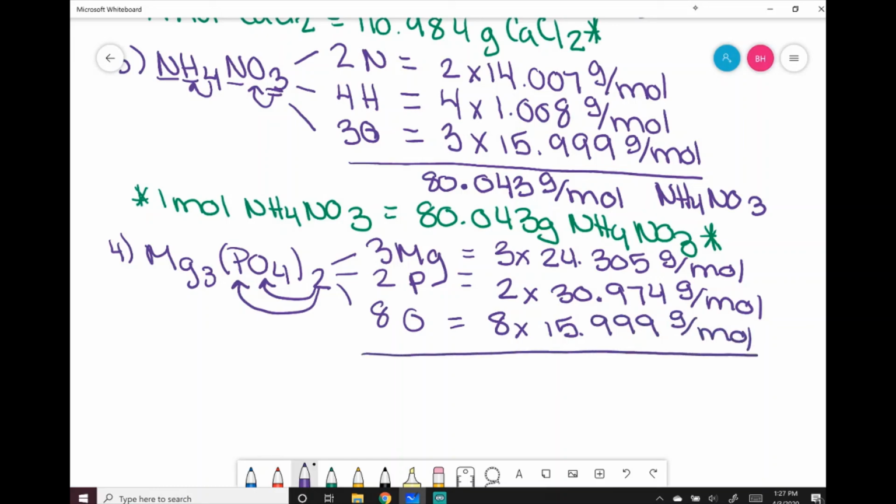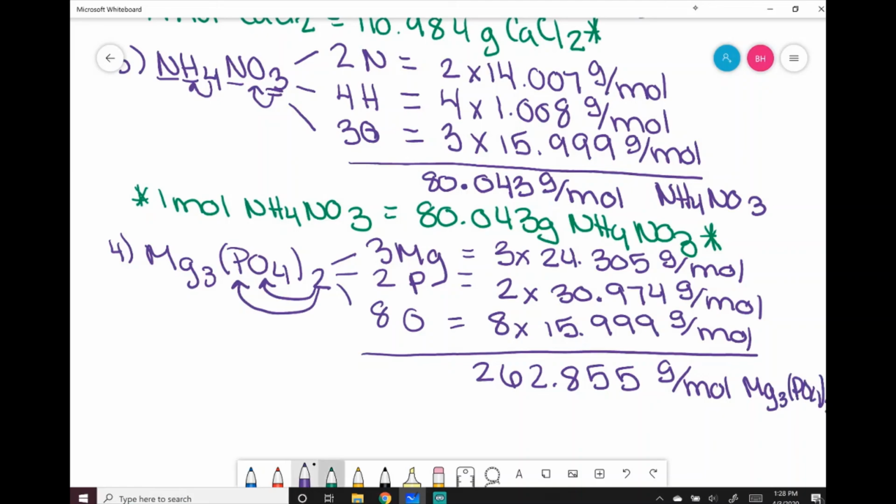So again, make sure you multiply those out by how many you have. And when you add them all up, this one has a very heavy molar mass, 262.855 grams per mole. And that's of magnesium phosphate.